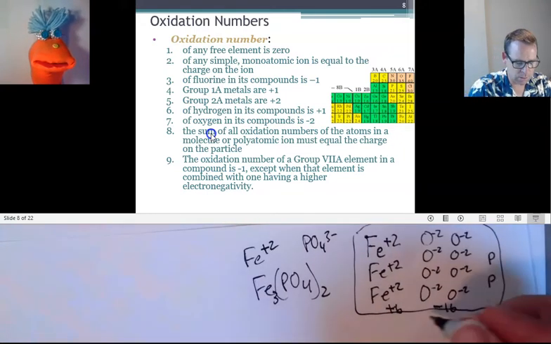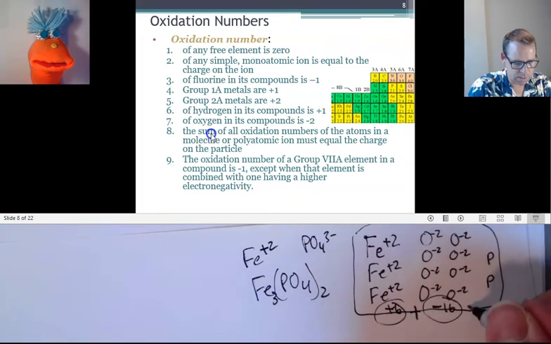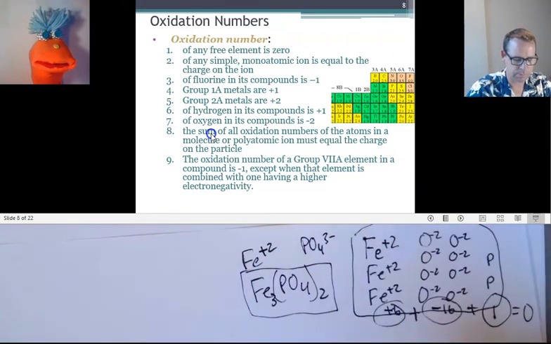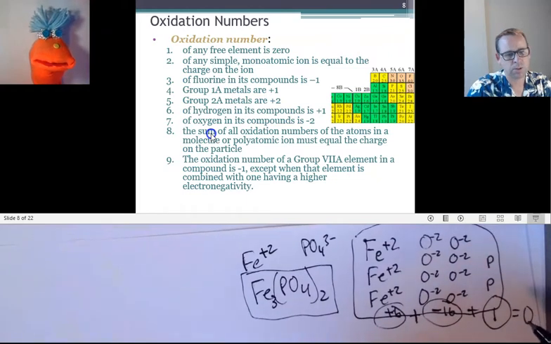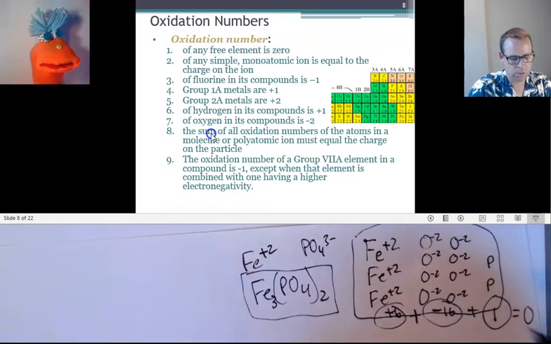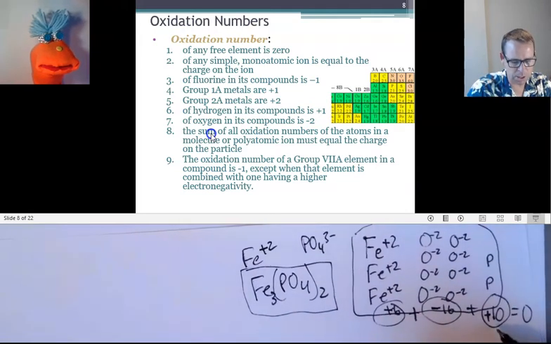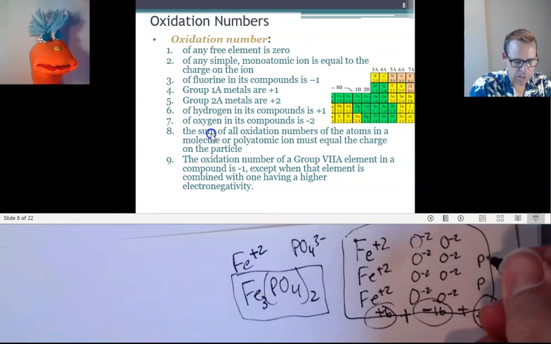So then that +6 plus the -16 plus whatever my phosphorus is has to equal my charge on my original species, which is 0. So that tells me something, doesn't it? What does that mean each phosphorus has to be? Well, the sum of the oxidation numbers has to be a +10. But that means on each one here, because there's 2 of them, it had to have been a +5.